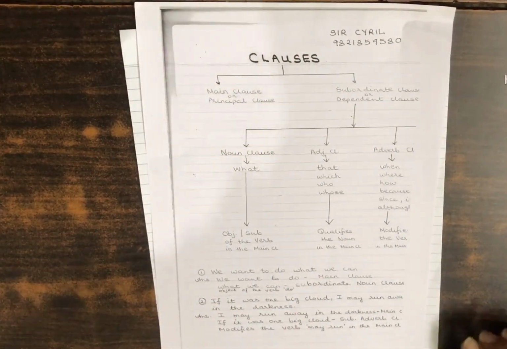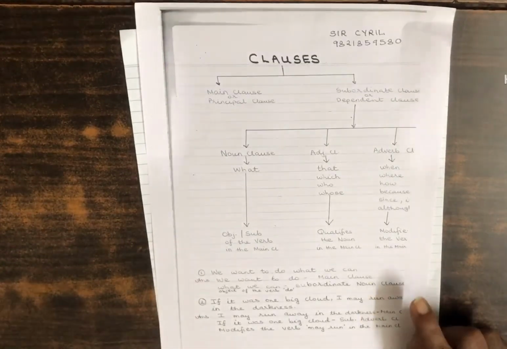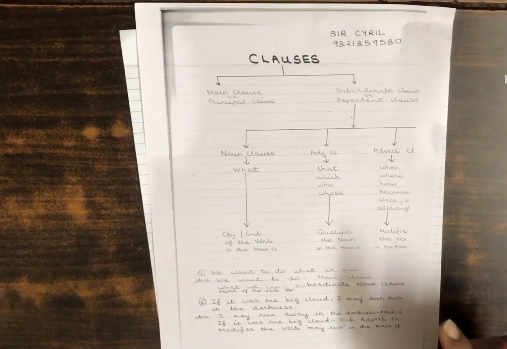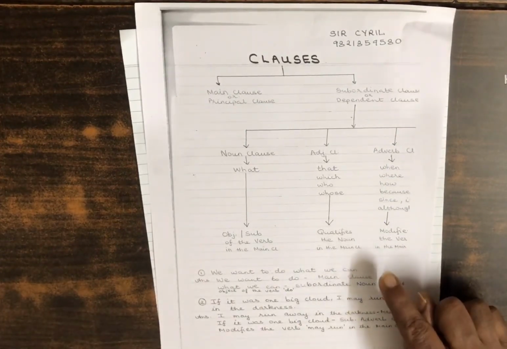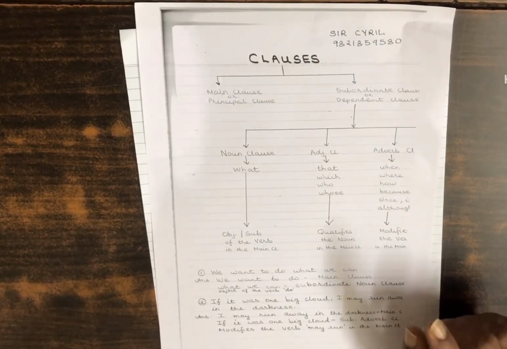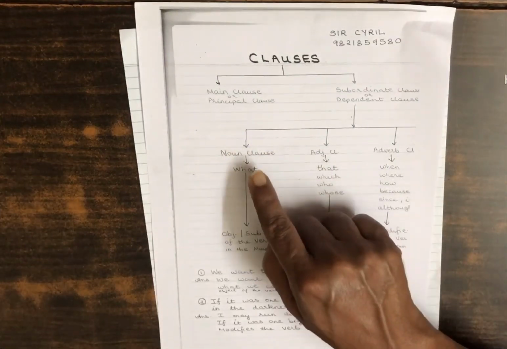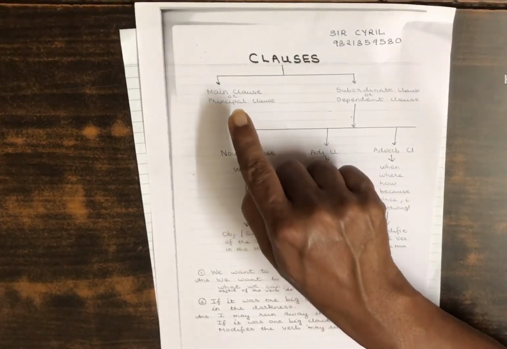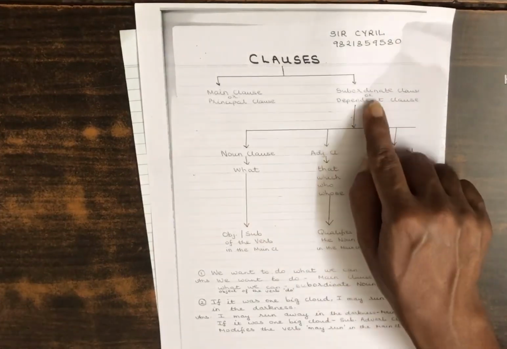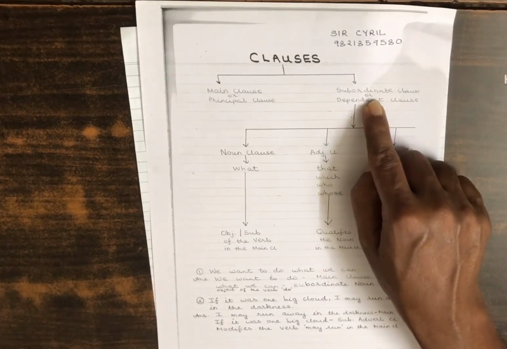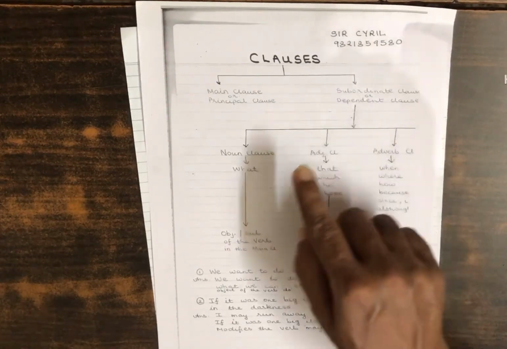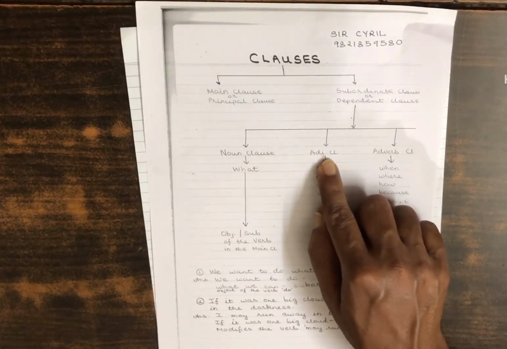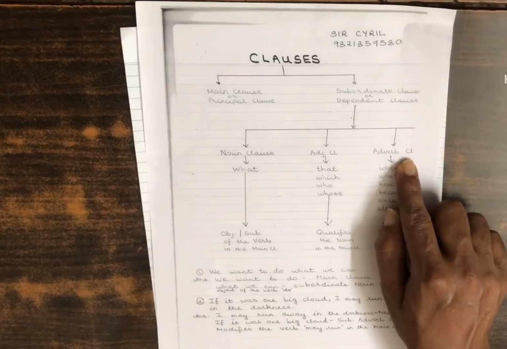Then comes clauses. Now again for clauses, you need one full explanation, so I'll do this also. But meanwhile, just understand that your clauses are divided into two main parts: main clause and subordinate clause. Now subordinate clause is of three types: noun clause, adjective clause and adverb clause. First you start with the main clause.